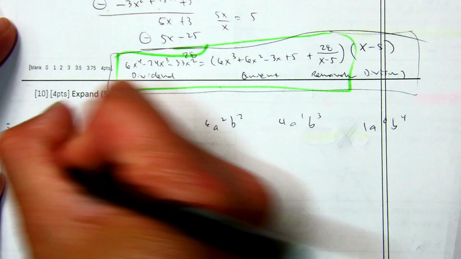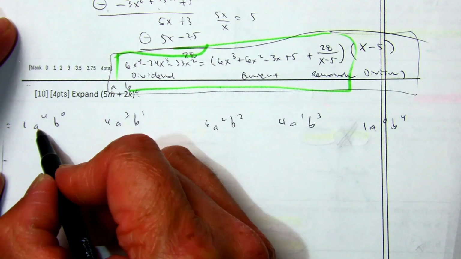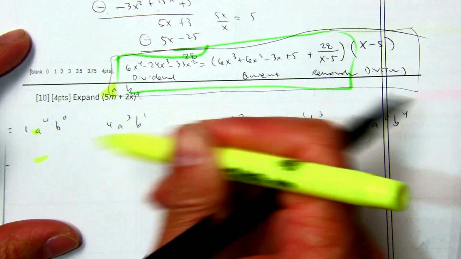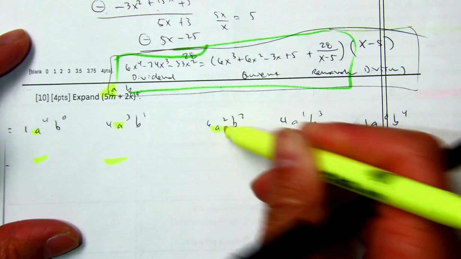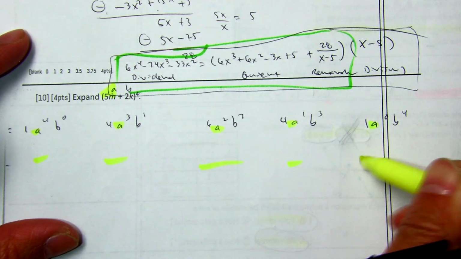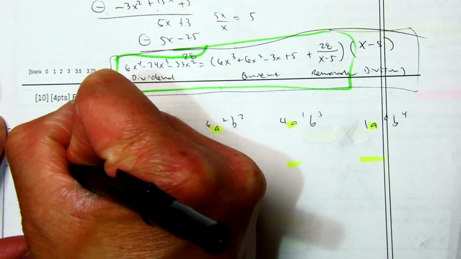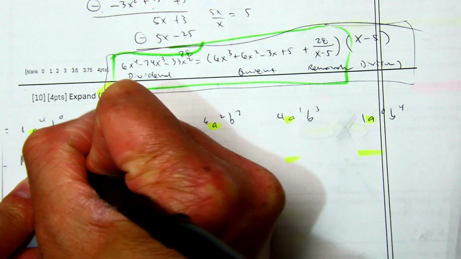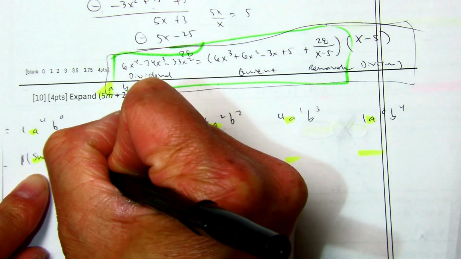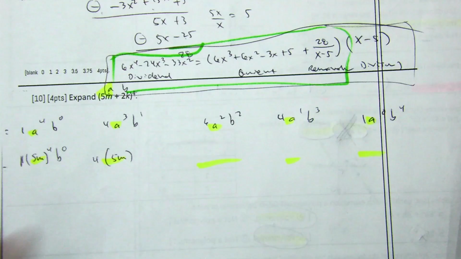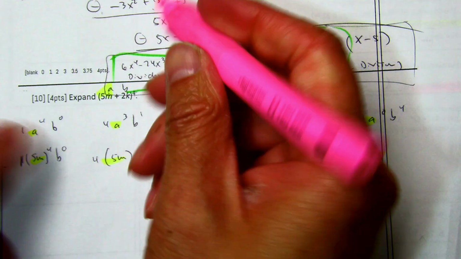Now I can substitute in every A value. So 1 times 5m to the fourth power, b to the 0, 4 times 5m. And the b values, you can also substitute back in.